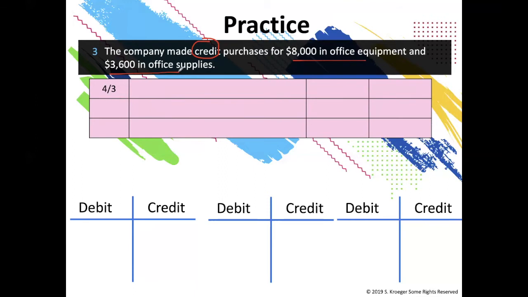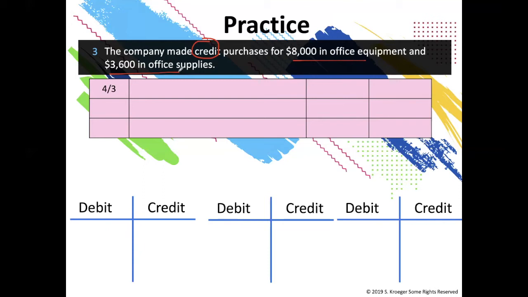Now, just to give you an idea, we will mostly be working with only simple entries where there's only 2 accounts, but every now and then I might throw in 3. Later on, though, we will have many different accounts that we'll be using, sometimes 4 or 5, 6 or more lines for one entry. For April 3rd, we have 3 different accounts that are being affected here.